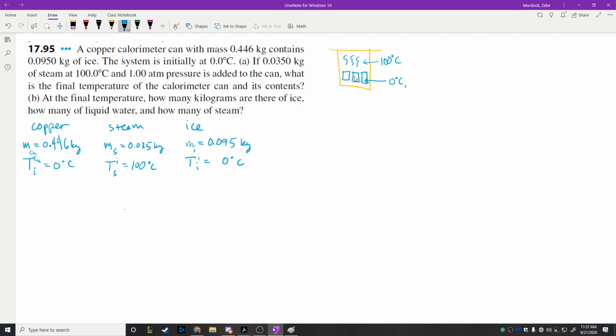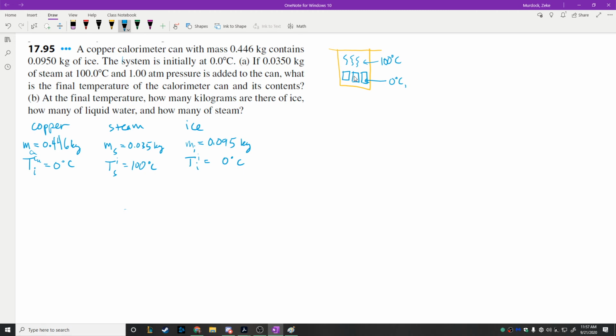All right. So what do we got here? Is that all the information? So how do we do this one? So we don't know what the final temperature will be. What's your intuition tell you? Is it all going to be water? Is it all going to be ice?